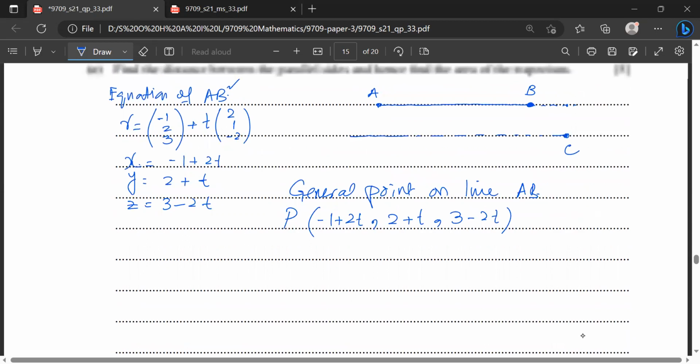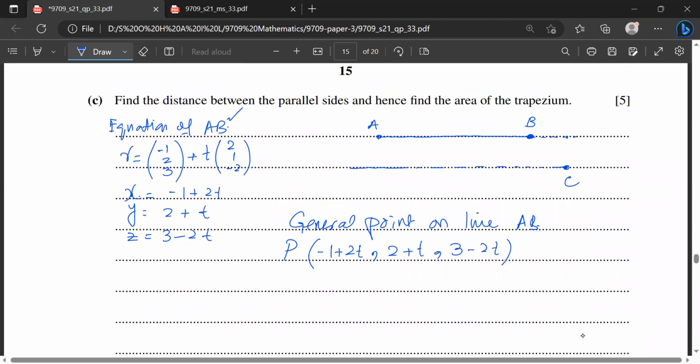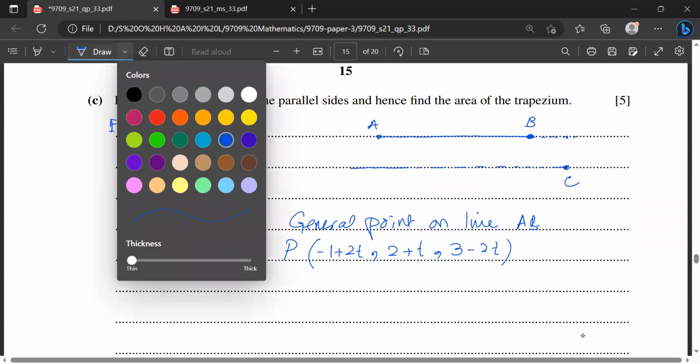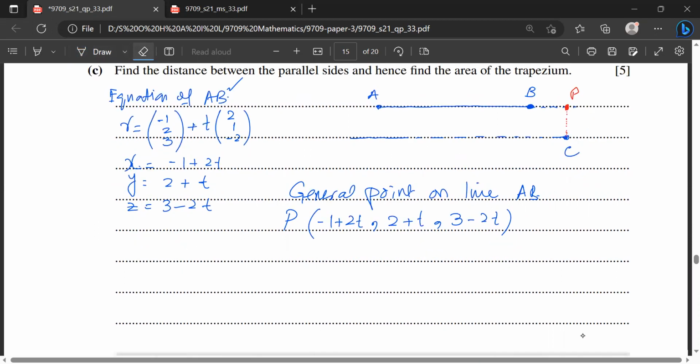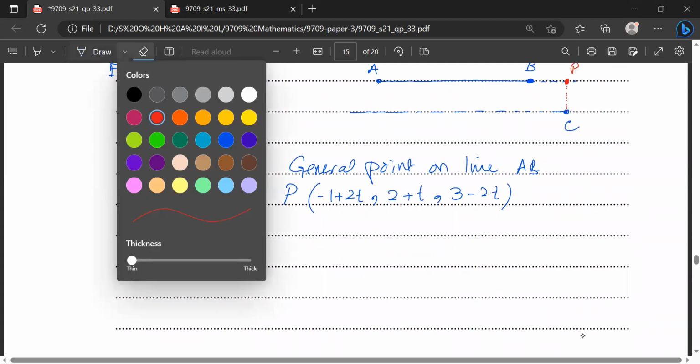This is the general point, and relative to this figure, it can be here, because I'm trying to find the distance. So say this point is P. And next, I'm looking for this distance, and the distance from the point to the line you can find by following a procedure. Let's follow this procedure.